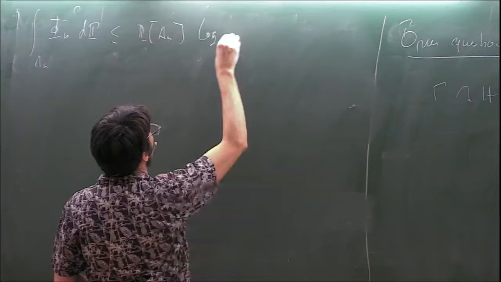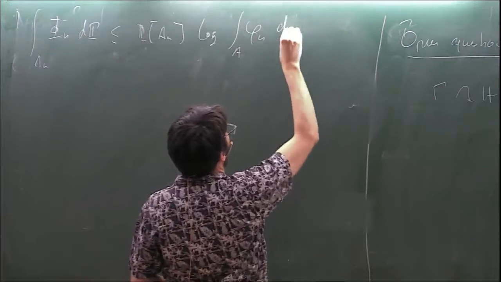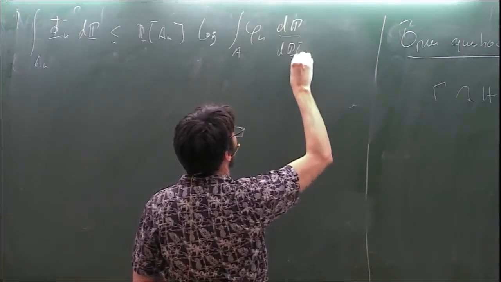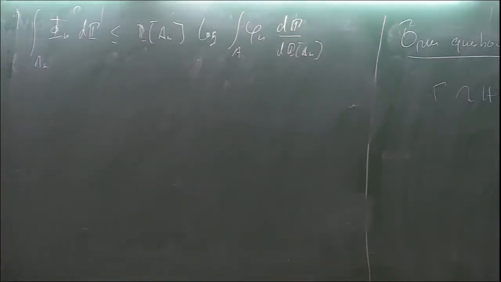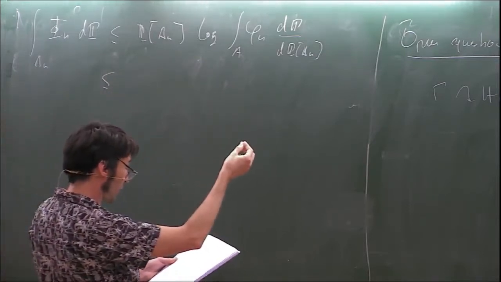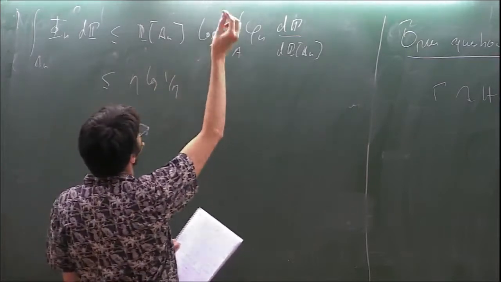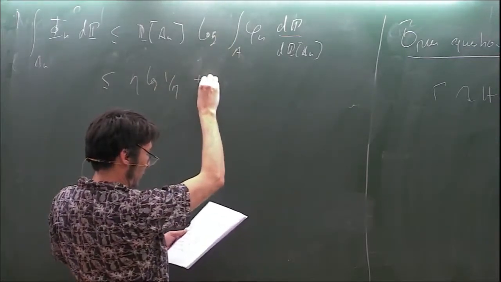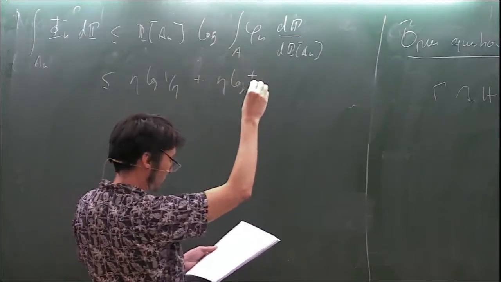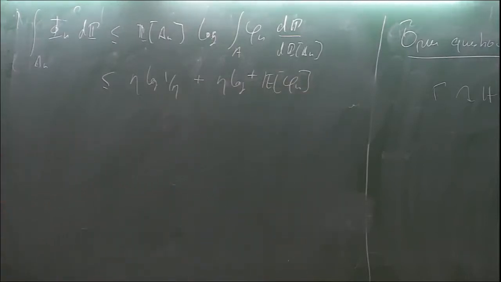So this is smaller than P of An log of the expectation of phi n over An dP divided by P of An. Okay? And so I can show that this is always small. So it's smaller than e log of 1 over eta plus eta log of the expectation of phi n.